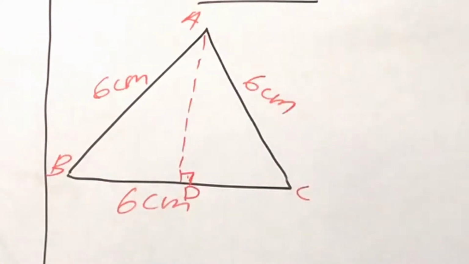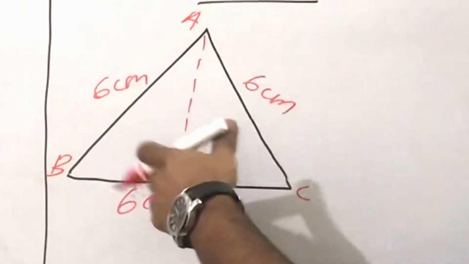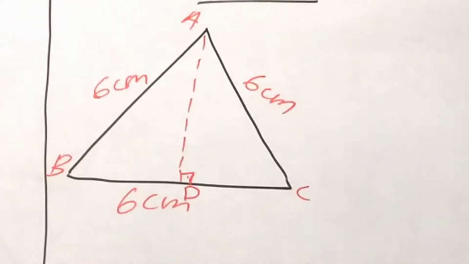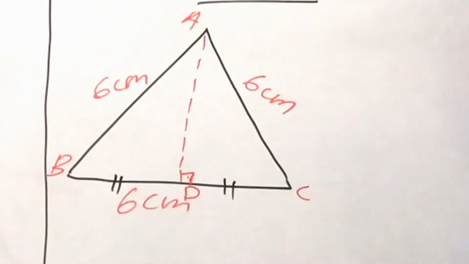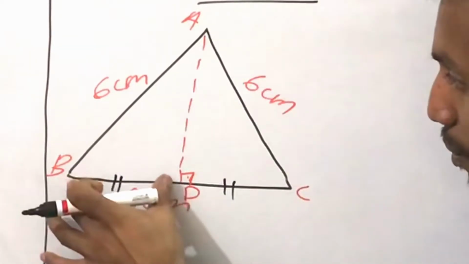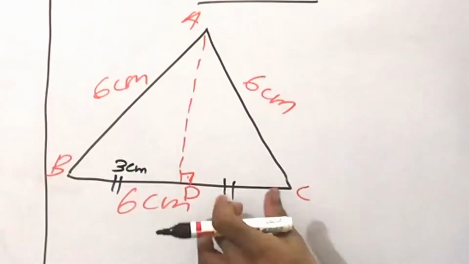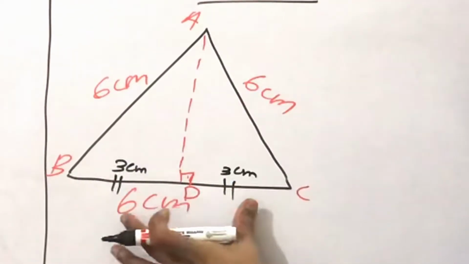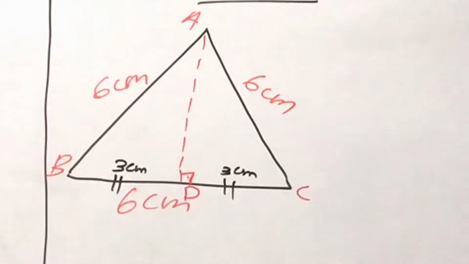We already have learned that altitude and median of an equilateral triangle are same. That means the altitude bisects the base. So BD will be equal to 3 centimeter and DC also 3 centimeter, because as 6 centimeter bisects, it will be 3 and 3.